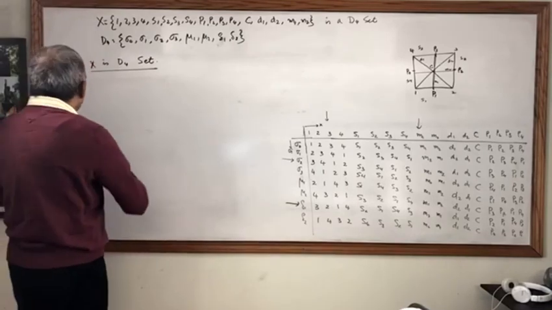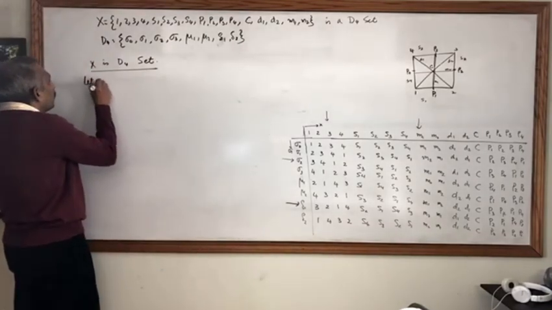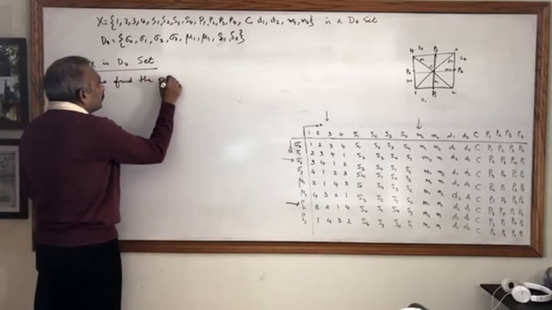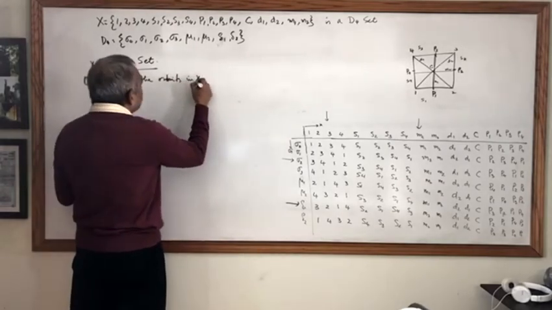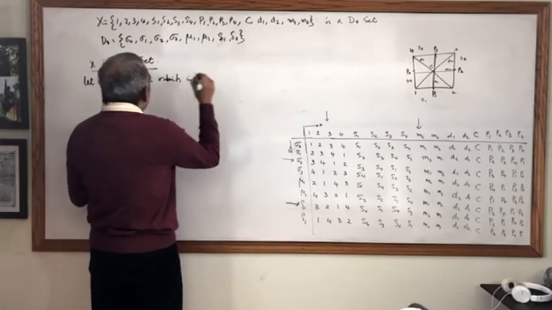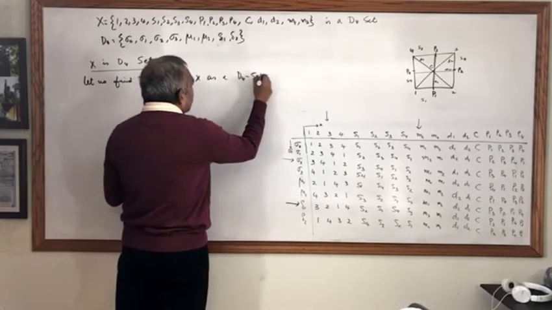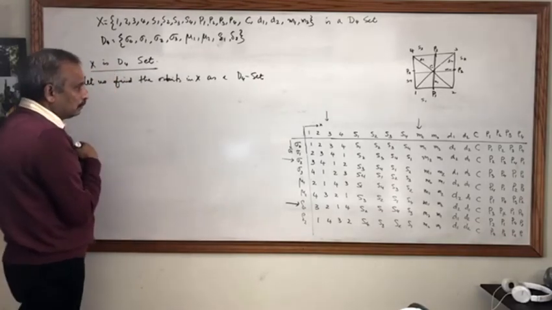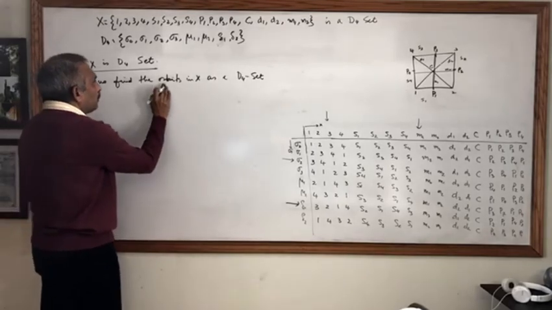Now let us find all the orbits in X as a D4 set. When X is a D4 set, what are the orbits in X? What is the definition of an orbit?